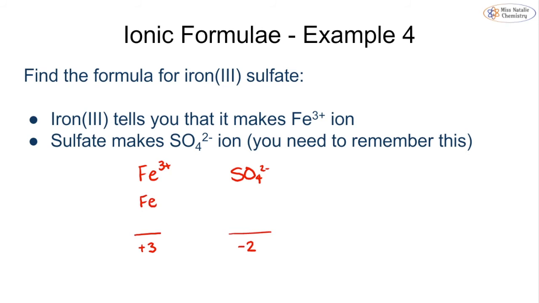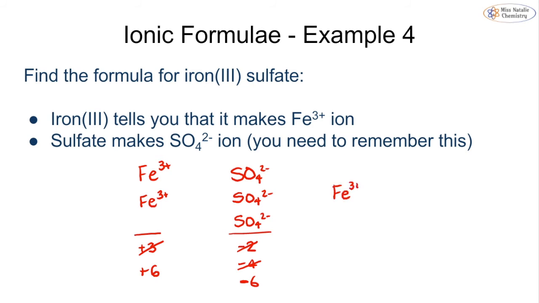So I'm going to add in an extra Fe3+, and that changes my positive charges to 6. 1 more SO4 will change my negatives to 4 negative, but I need 6, so I add a third one, and that gives me 6 negative charges to balance out our 6 positive charges.